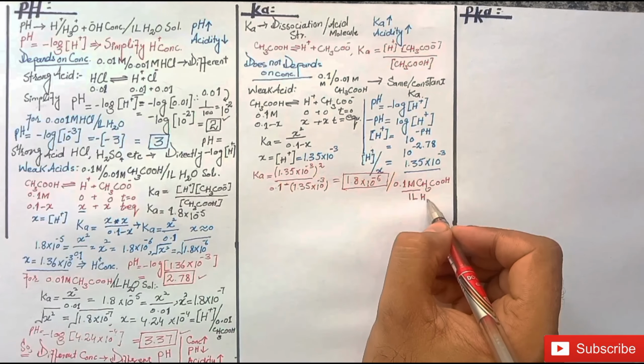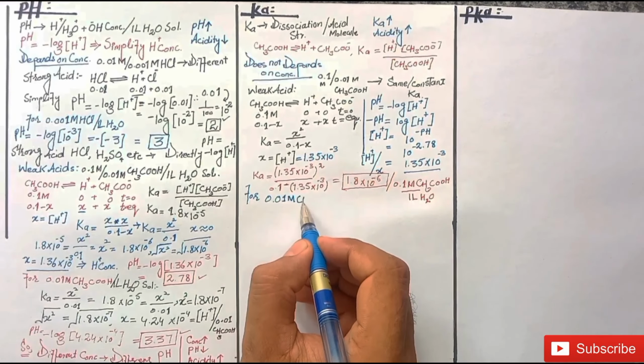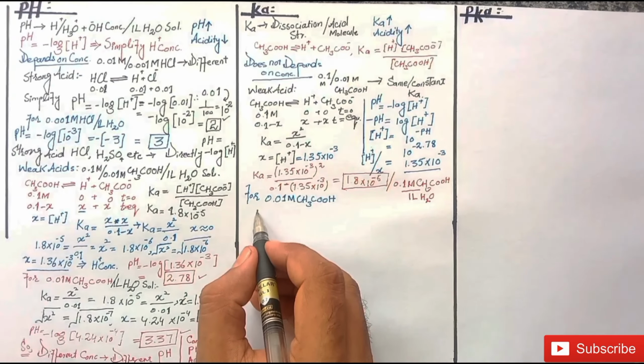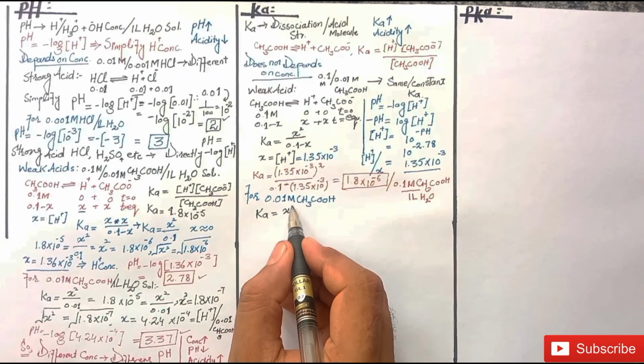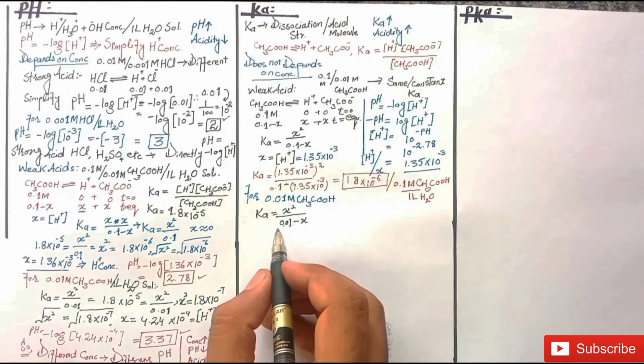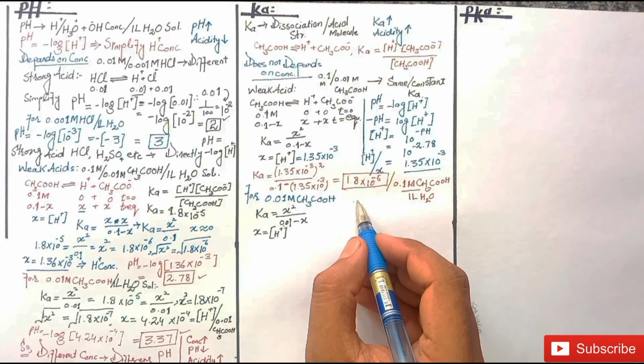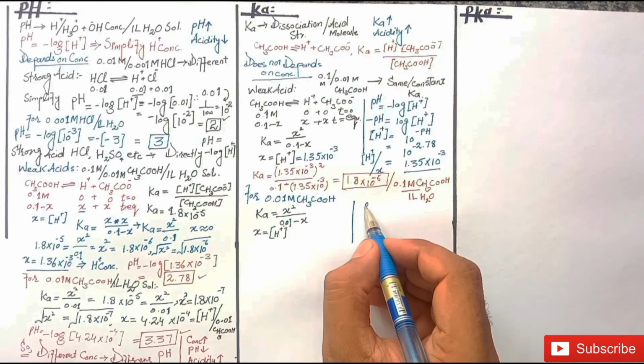Now similarly we can find out the value of Ka for 0.01 molar acetic acid in 1 liter aqueous solution. As we know that Ka is the ratio of concentration of product to concentration of reactant at equilibrium. Here X is the concentration of hydrogen ions, which we can find out through the pH formula.